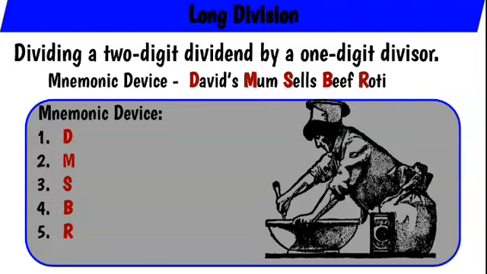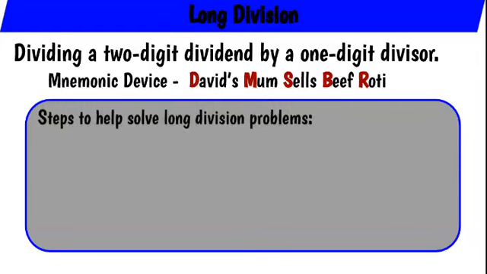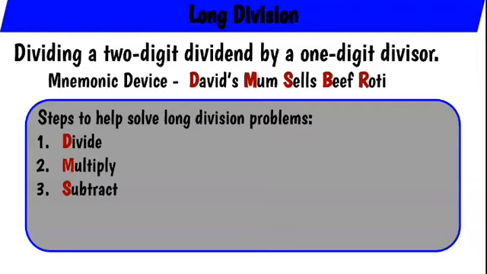Now let's get the steps that these letters are identifying for us. The steps to help solve long division problems are: first step, D, divide. Step 2, M, multiply. Step 3, S, subtract.